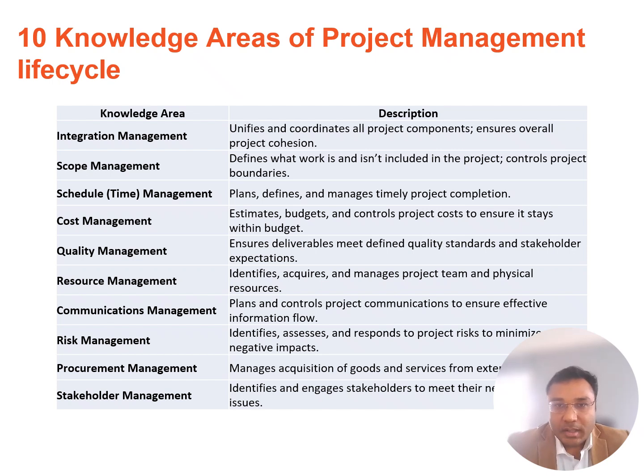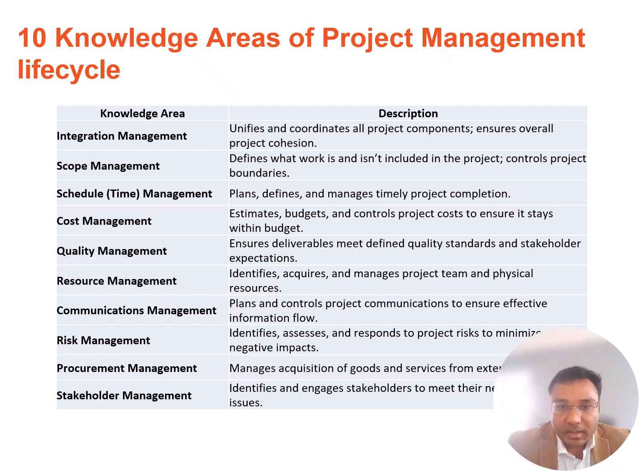Each knowledge area typically spans multiple processes within the life cycle groups: initiation, planning, execution, monitoring and controlling, and closing. And it includes specific processes, tools and techniques for the effective management of the project.